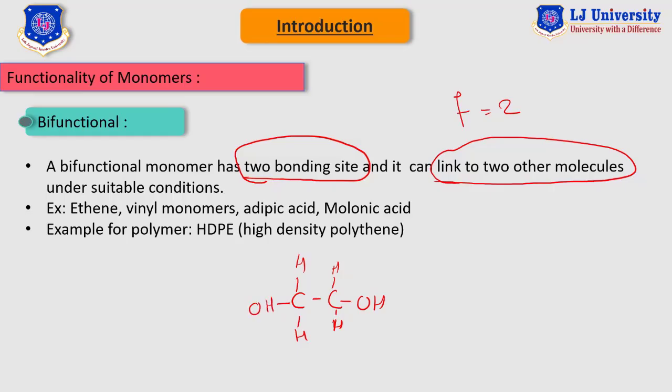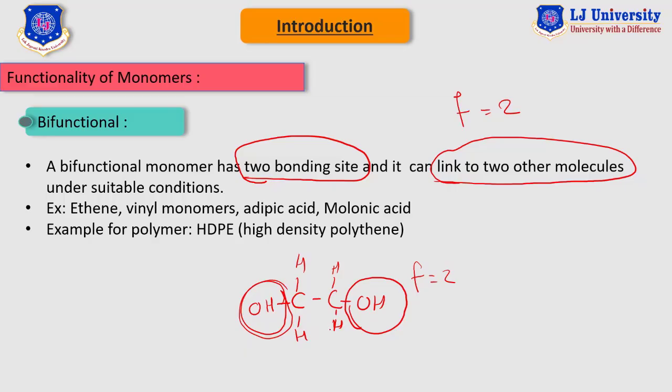So now this particular monomer of ethylene glycol can react in two ways. One, it can react in this direction, and it can also react in this direction as well. So we can say that ethylene glycol has a functionality of two, because it can react with this one group, and it can also react with this one group as well, right?